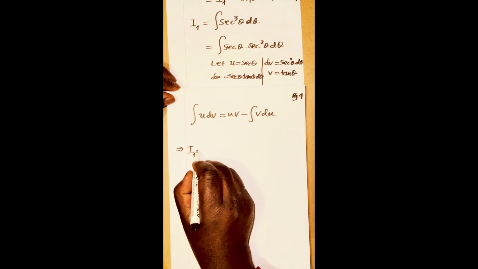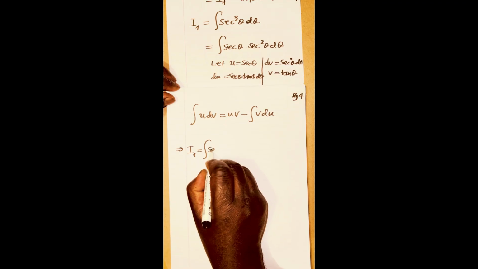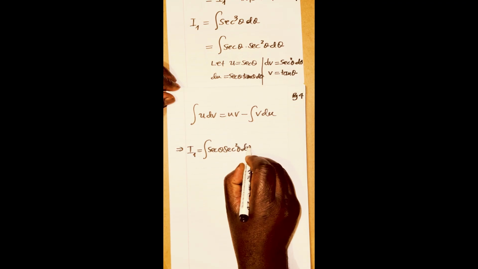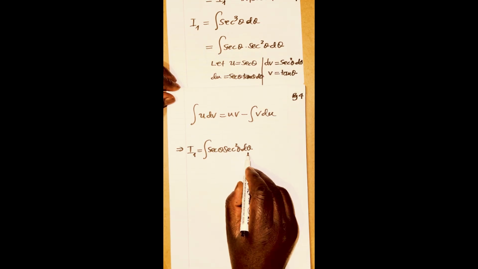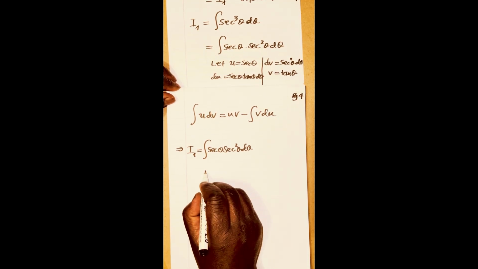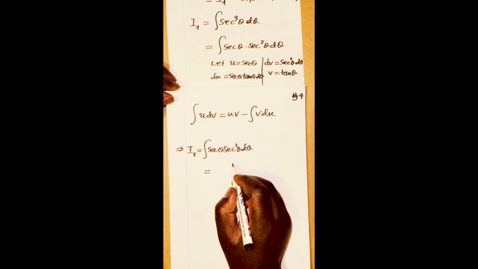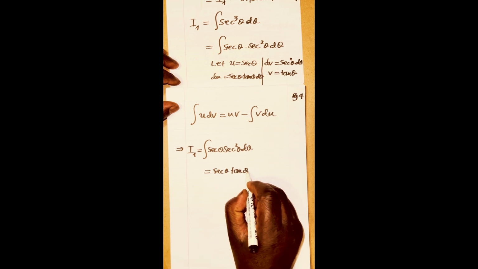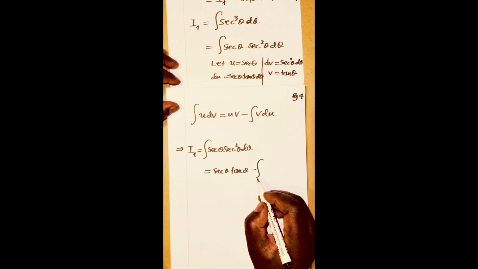I1 is equal to the integral of sec of theta times sec squared of theta d theta. This is your u and that's your dv. This must be equal to uv. What is u? Sec theta. What is v? Tan theta. So this is sec of theta tan theta, and then minus the integral of v.